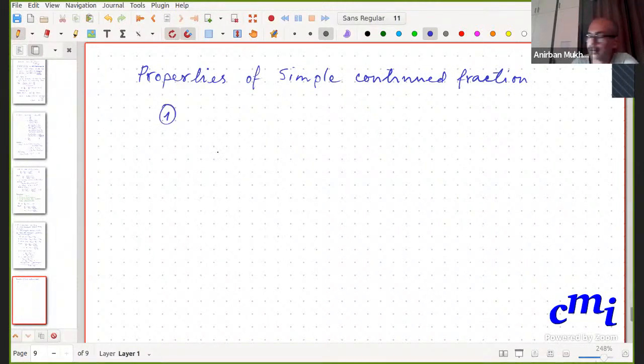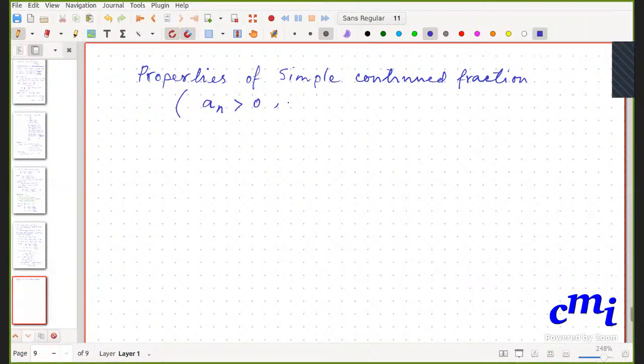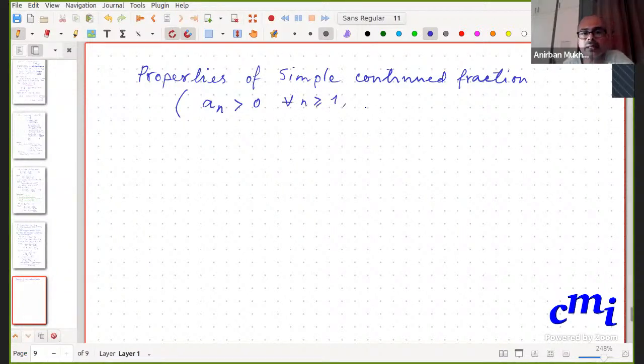Let me also mention what I mean. Just to recall, a_n is greater than 0 for all n greater than or equal to 1, with the exception of n equal to 0, and the a_n's are all integers. So the a_n's are actually greater than or equal to 1.